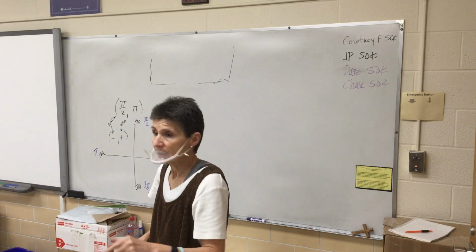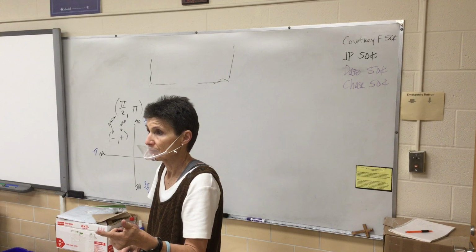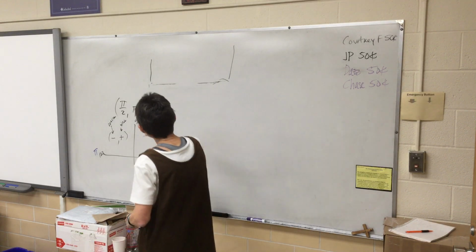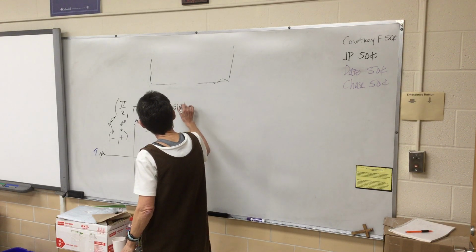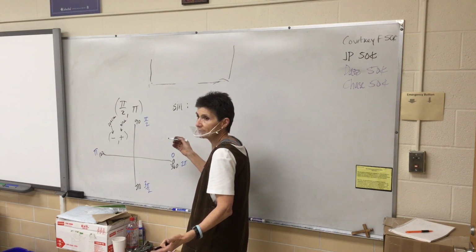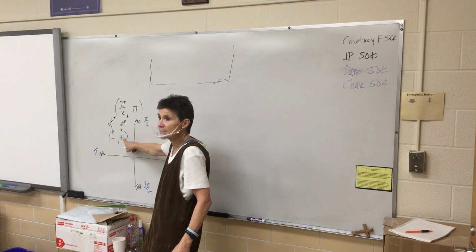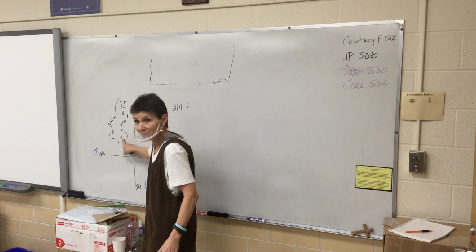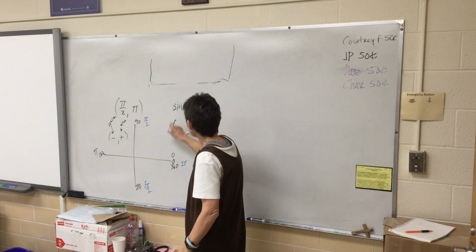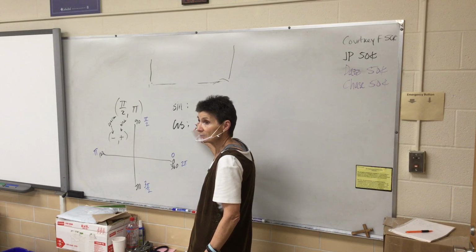The sign of the cosine depends totally on x. So when we want to know if the sign is positive or negative in this quadrant, the sine is going to be positive, but the cosine is going to be negative.